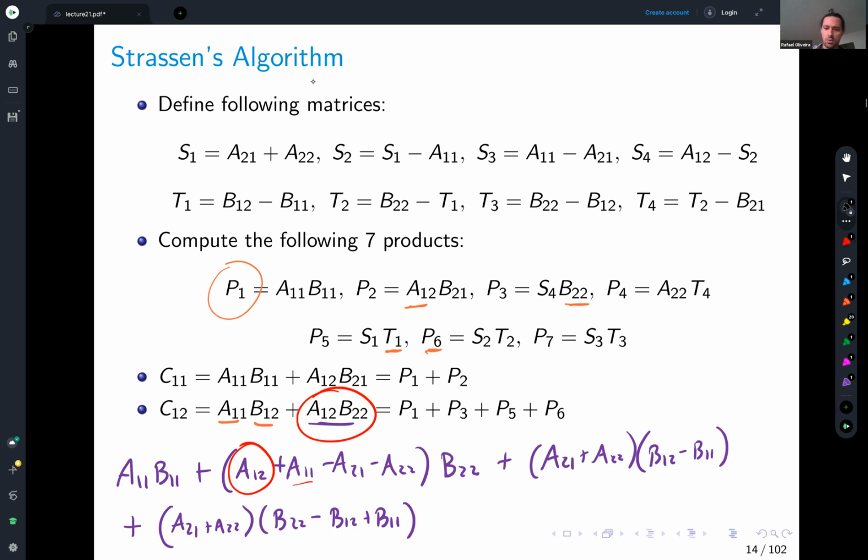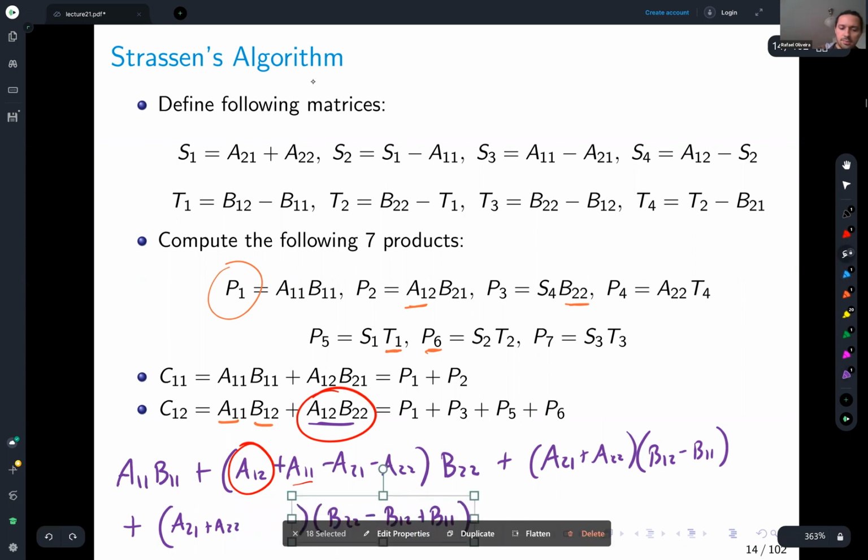So wait, P6 is S2, T2. So P6 is, oh sorry, yeah, it's right here. The mistake is right here. P6 has an extra term here. So I did S1, my bad.